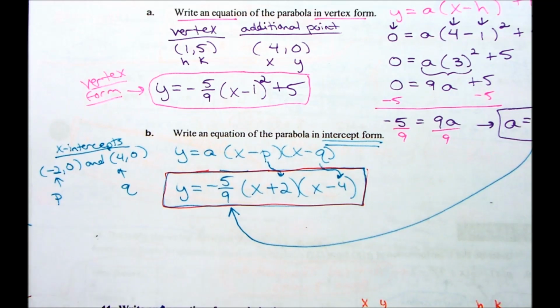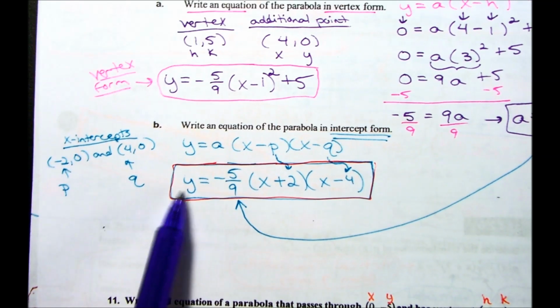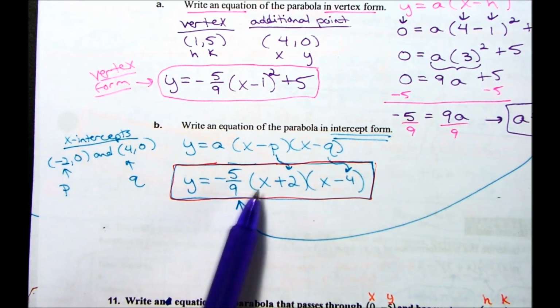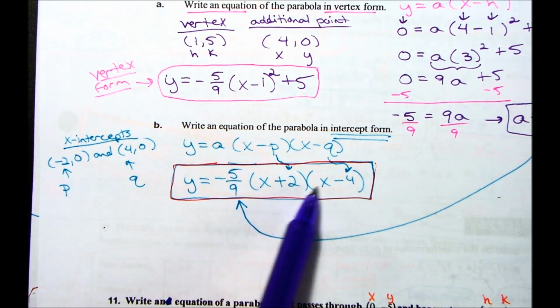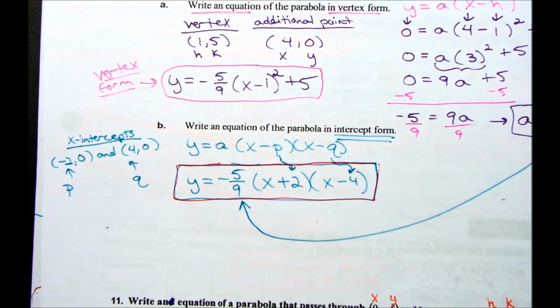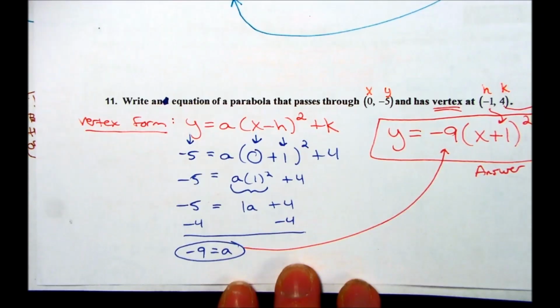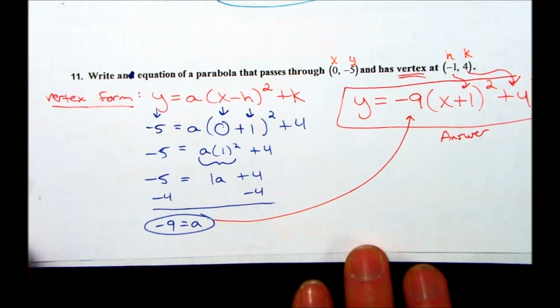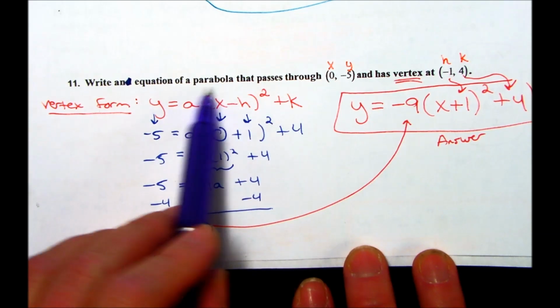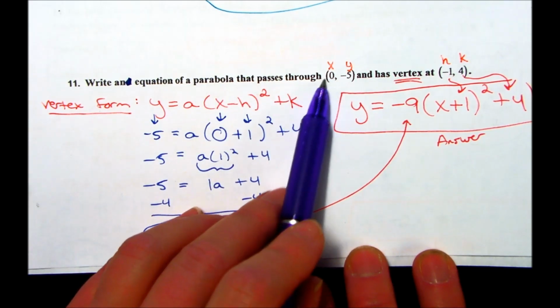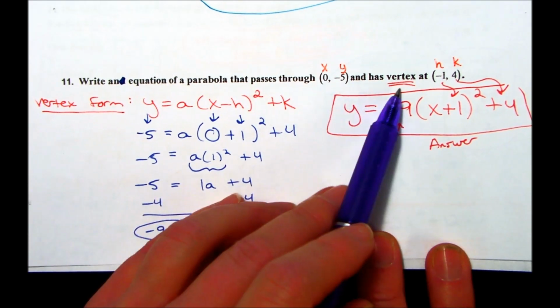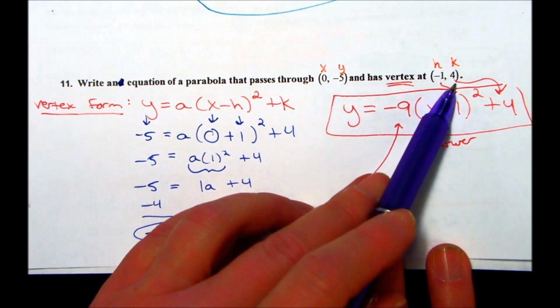So my equation in intercept form is y equals -5/9, parentheses x plus 2, and quantity x minus 4. All right, moving on now to number 11. In number 11, you are told that it's a parabola that passes through the point 0, -5, and has a vertex at -1, 4.